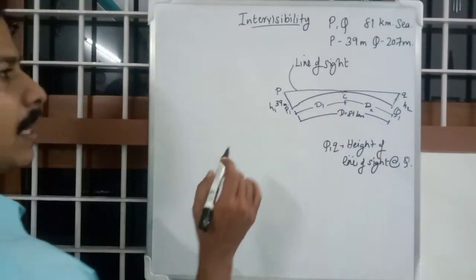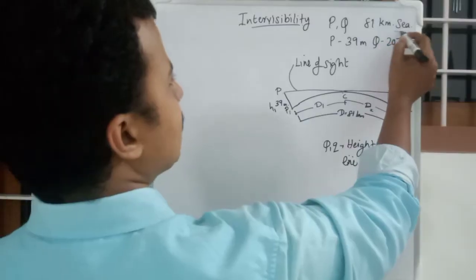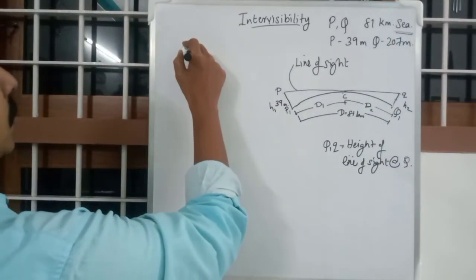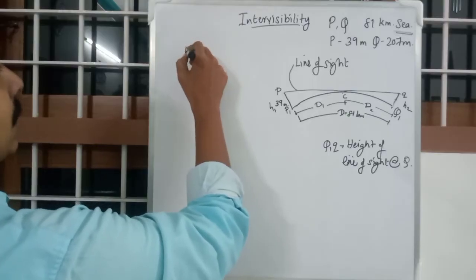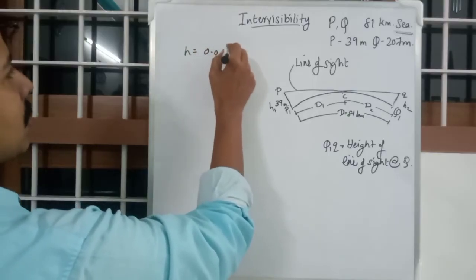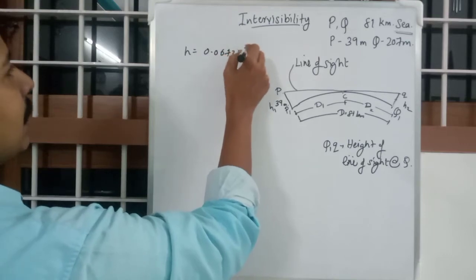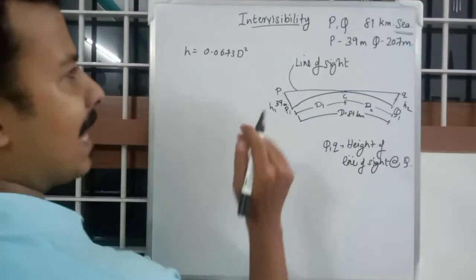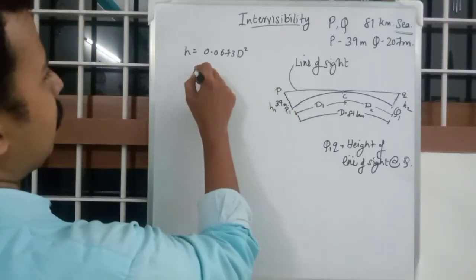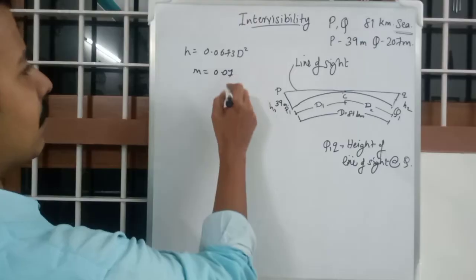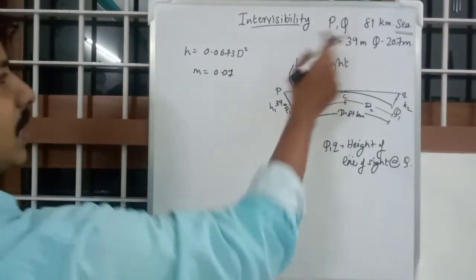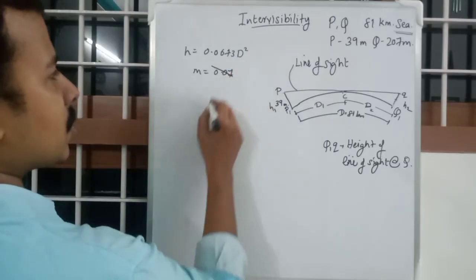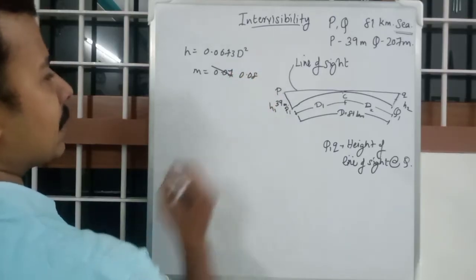As it is a sea surface, we cannot use that equation, h equal to 0.0673 d squared, because that simplified equation is for land surface, where m is equal to 0.07. Right now it is a sea surface, so m is not 0.07, it is equal to 0.08.